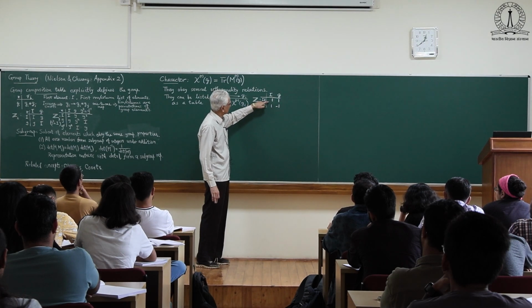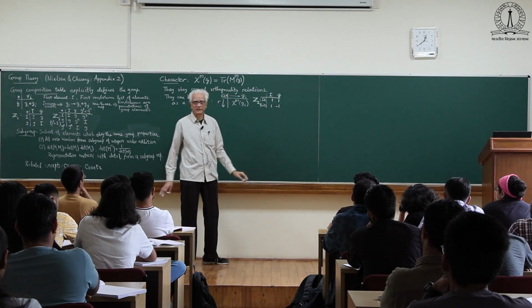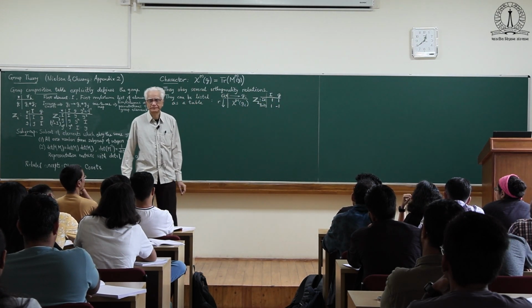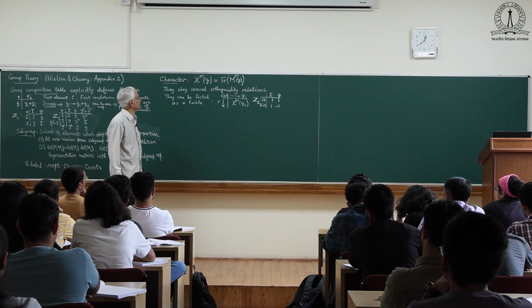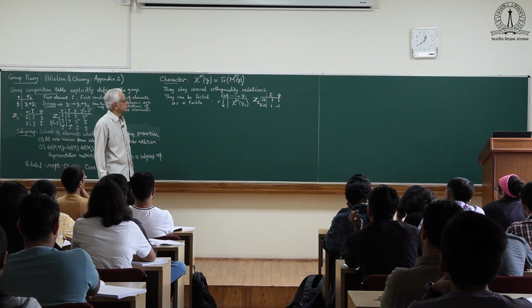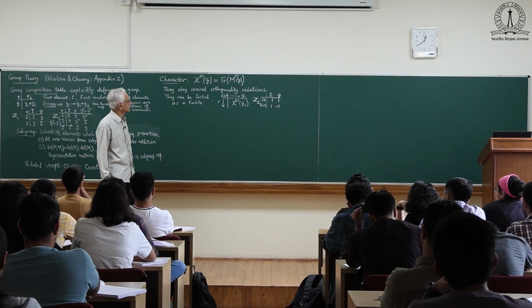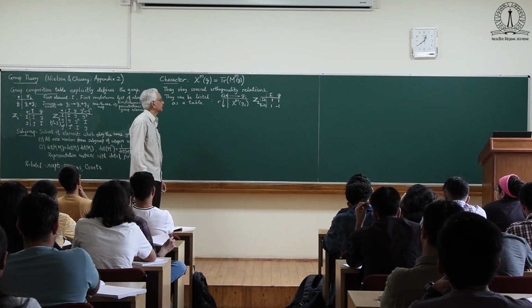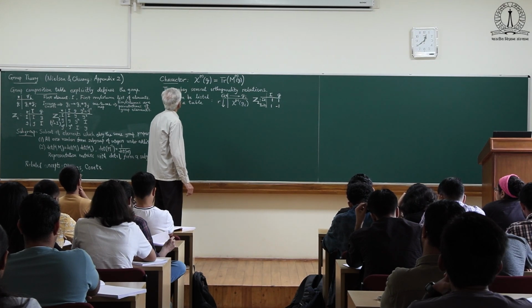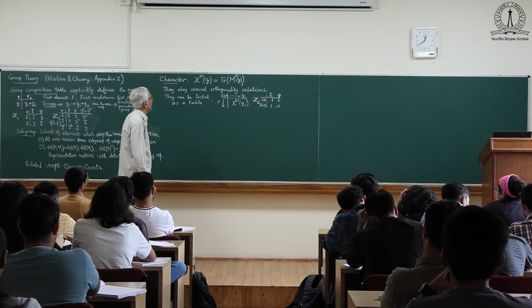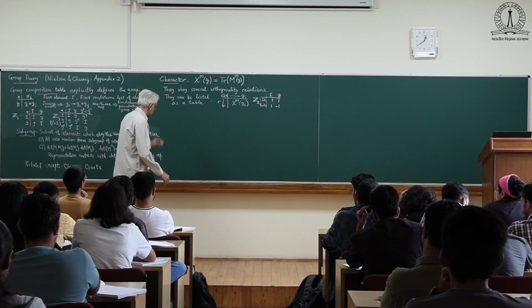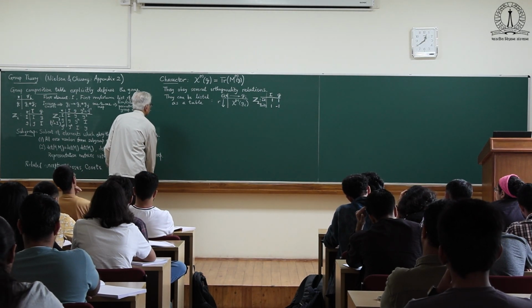That trivial representation, the whole row will be just 1, nothing more. So these are the, well, some properties.